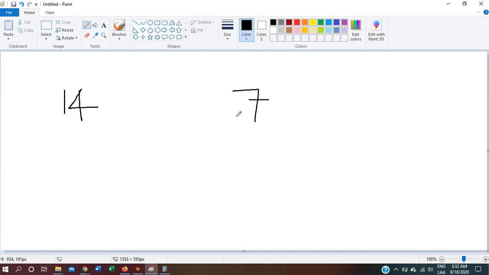But I was kind of stupid and I forgot to tell you that first you have to check if the 7 is directly related to the other number, in this case 14. So yeah, it is.